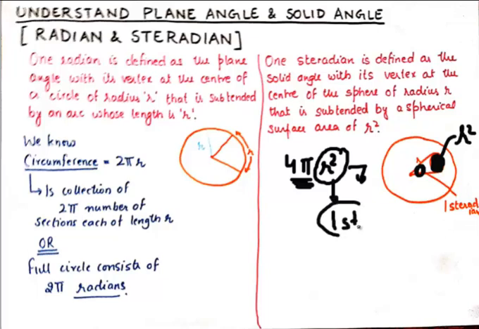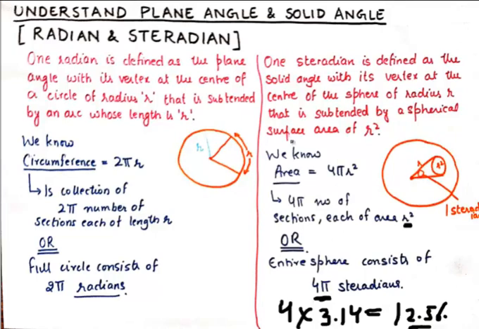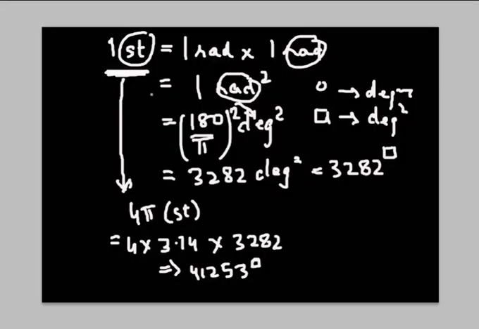So we can say that a total of 4 pi sections of r squares will be needed to make up the surface area. So again, the surface area of the sphere is a collection of 4 pi sections each of area r square, and the entire sphere will consist of 4 pi steradians, which is super important to understand.